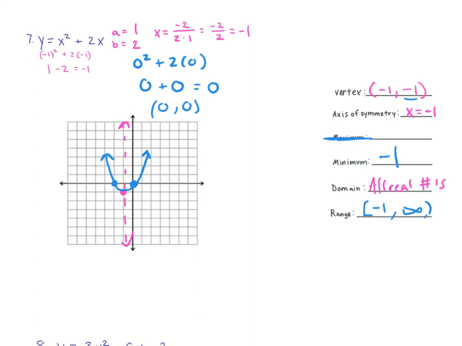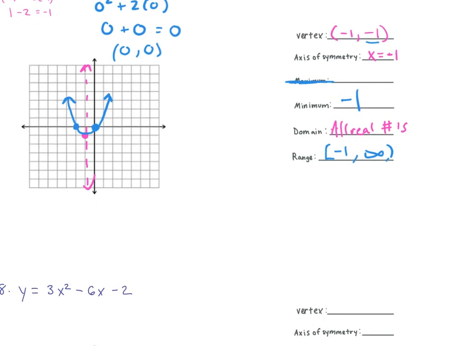If our graph opens down, negative infinity would be the smallest number, and then whatever your k is would be bigger. Here, negative 1 is smaller than infinity, so we start with the smallest number. A little side note: always start with the smallest number in the range.